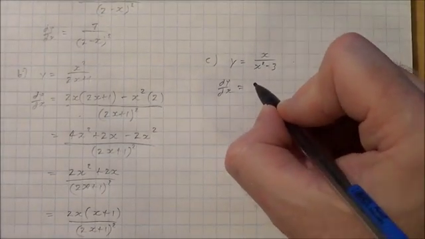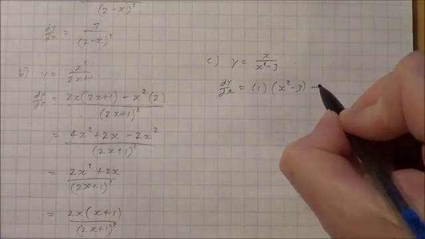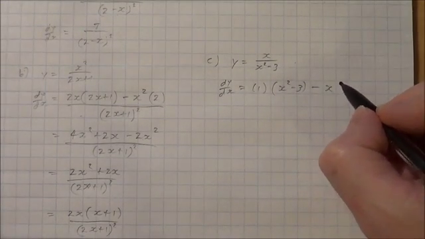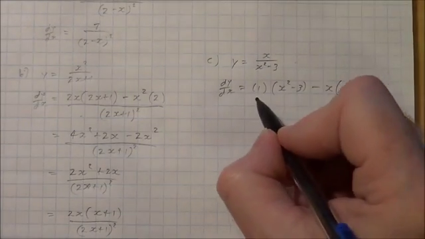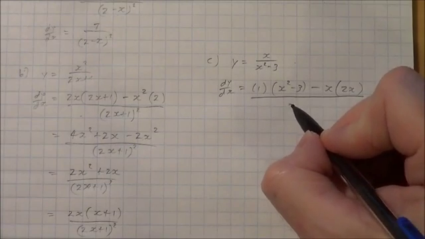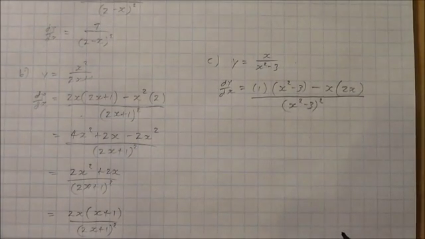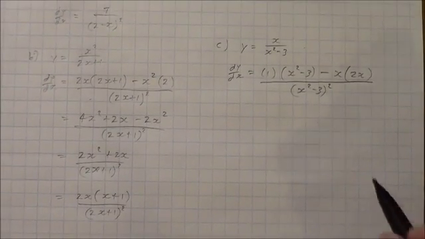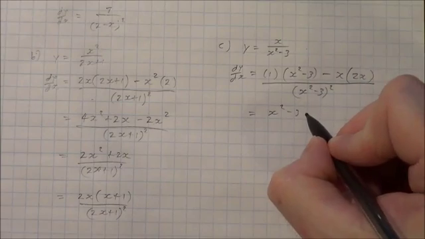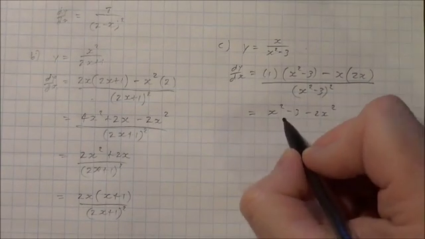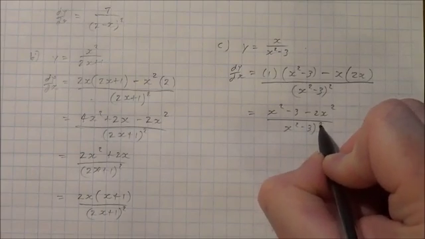Derivative of the numerator is 1 multiplied by the denominator, minus the numerator multiplied by the derivative of the denominator, all over the denominator squared. Again, I'll do some simplification. x squared minus 3 minus 2x squared all over x squared minus 3 all squared.